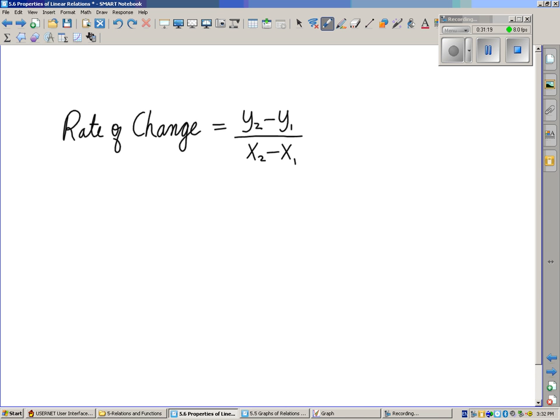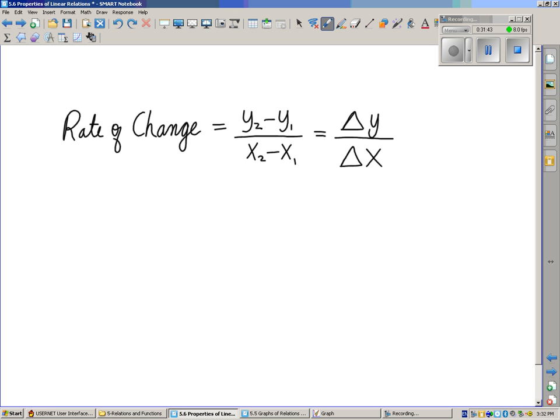What's another way to write like the differences in the y's? Change in y, delta, right? And if you haven't seen it in your physics or your science, some of you who may be in your applied science, the 701 would have seen it. So it's delta y over delta x.